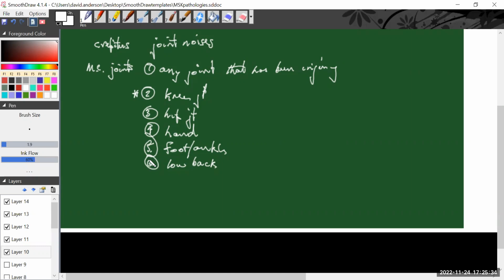If it's going to present in the hands, it's most often the distal interphalangeal joints, DIPs. So if you've got a hand, here's your thumb, and here's your finger. That's your proximal.